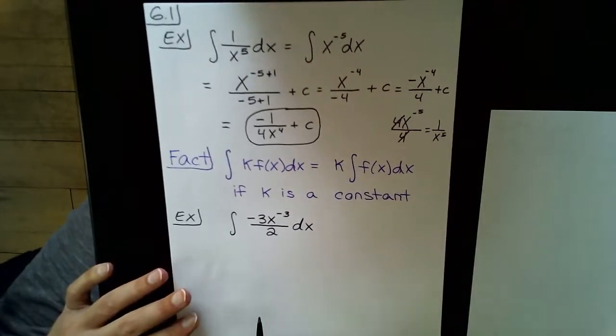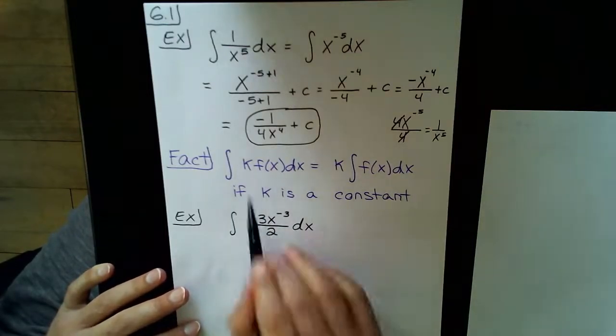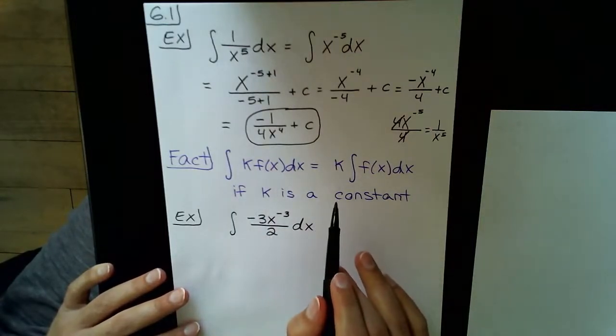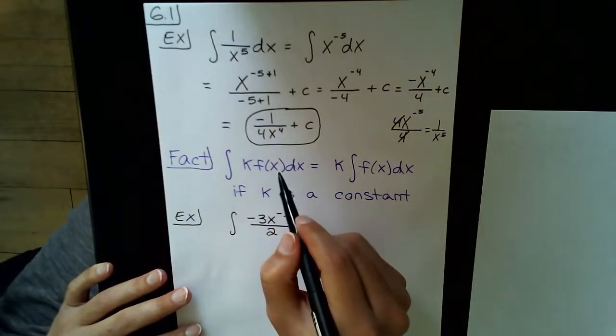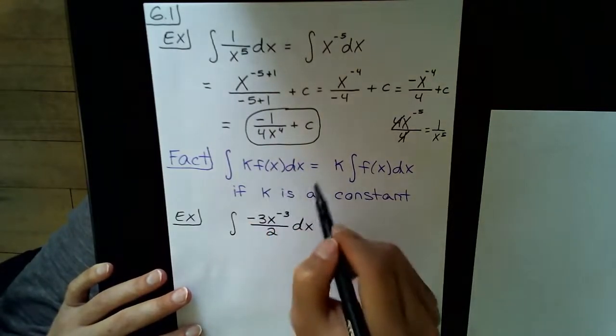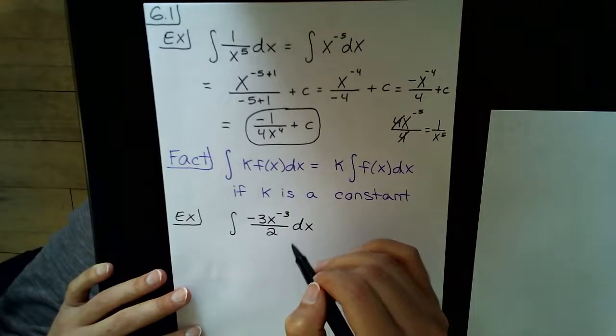Alright, from here, we have one last fact to go through for this video. And then in the next video, we'll go through a little bit more of the more complicated rules that come up as we go through the basics of antiderivatives.